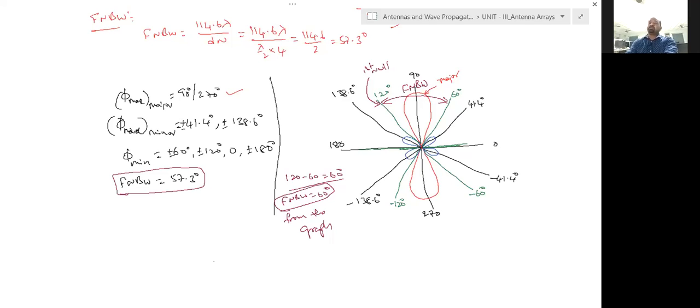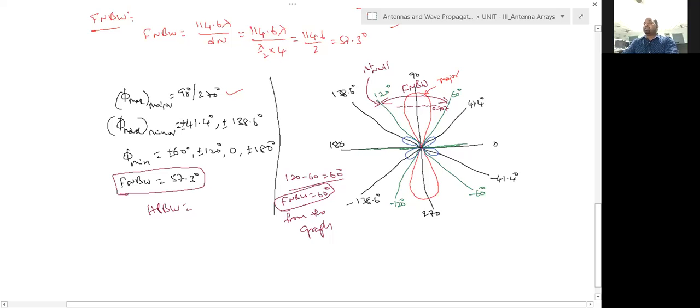So once we know first null beam width, we can also determine half power beam width, right? So what is half power beam width? Let us say this is 1 by root 2, that is 0.707.